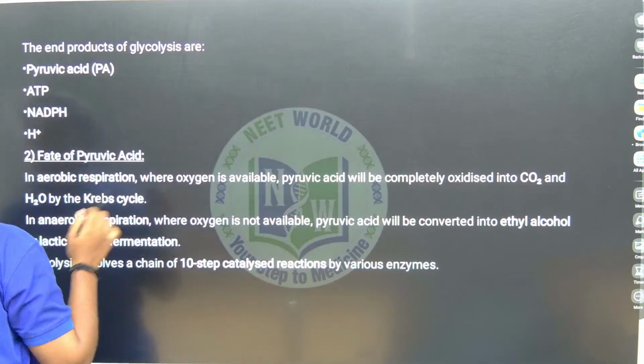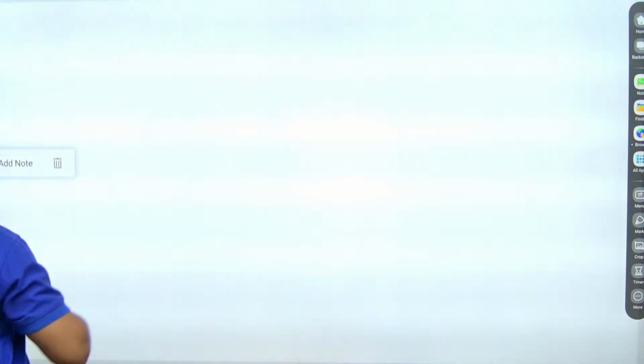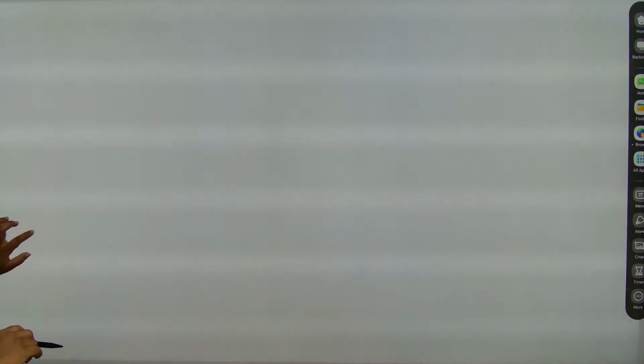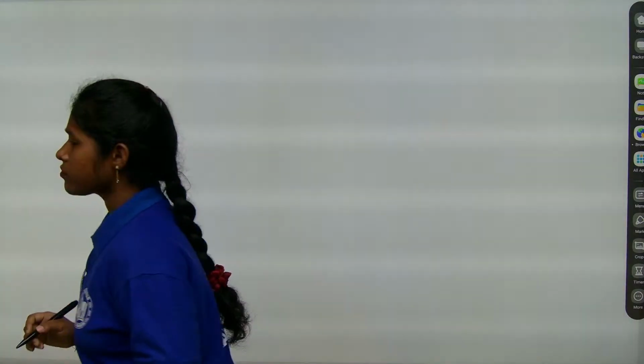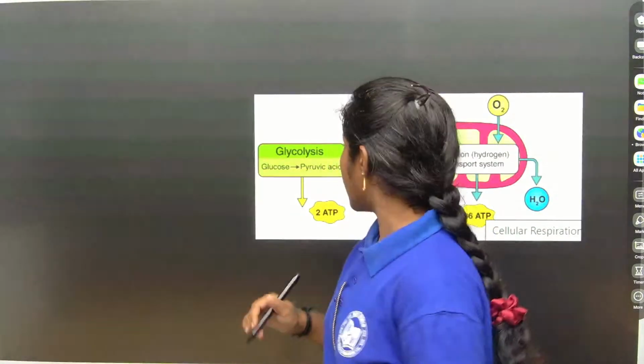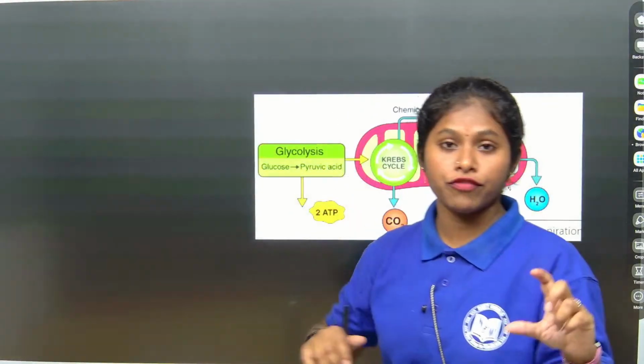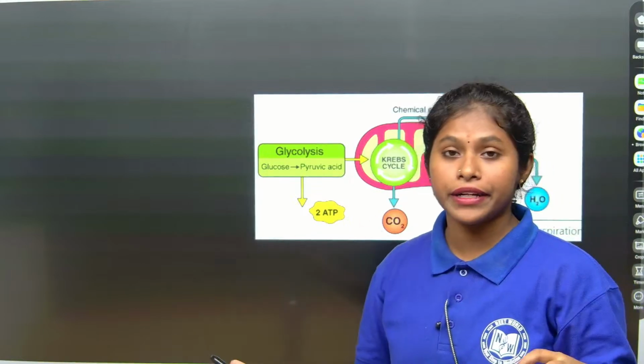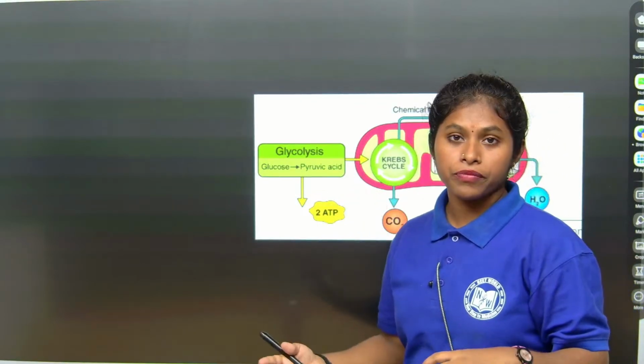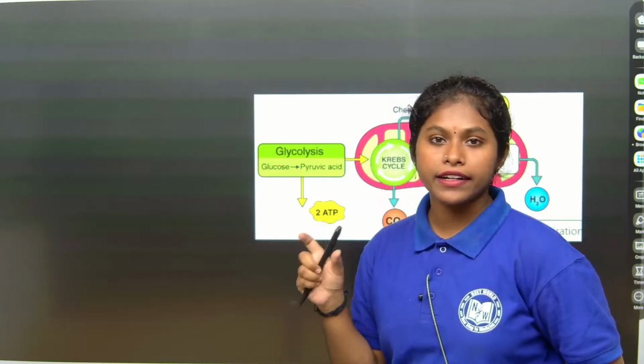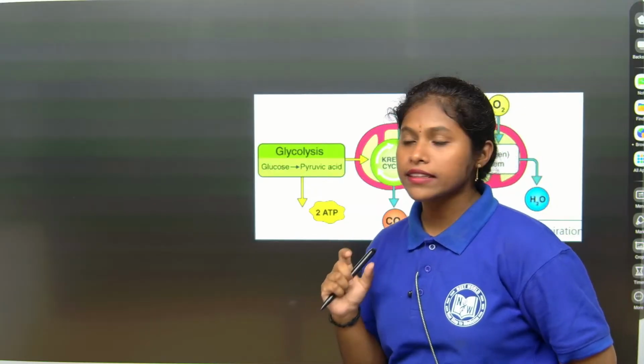See this diagram, then you'll get a good understanding. Why is it only happening in the mitochondria? Because the enzyme which can convert the pyruvate into the useful form is present in the mitochondria.